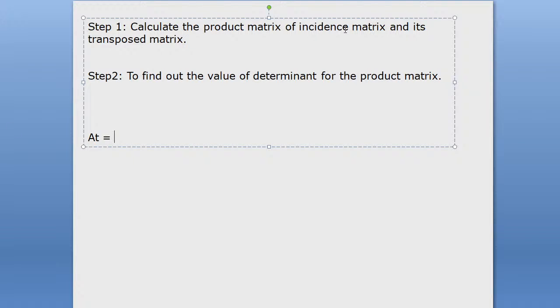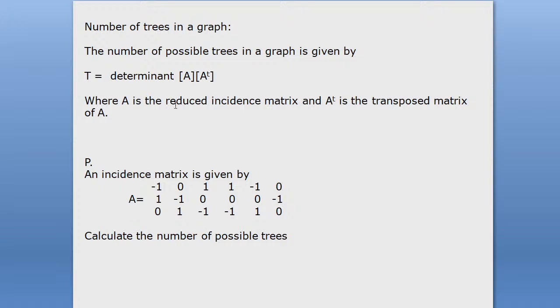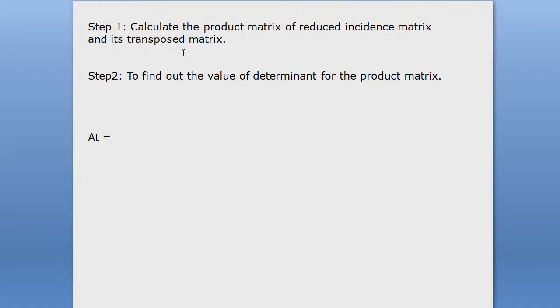Calculate the product of the reduced incident matrix and its transpose matrix. Don't write the incident matrix, write the reduced incident matrix. You see the definition here. For the reduced incident matrix AR, you just delete one row.